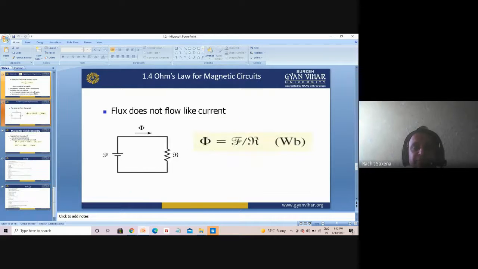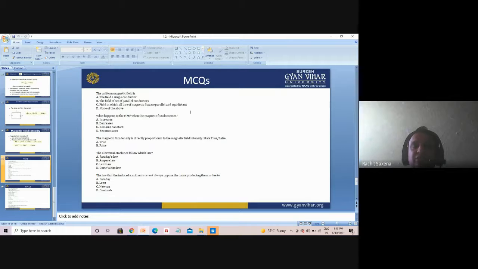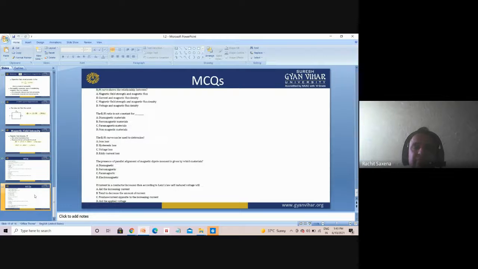Next, this circuit represents the analogy between electrical and magnetic fields. Then we have magnetic field intensity represented by H. Related to this, we have some MCQs for you. Just go through them, read them and try to solve them.